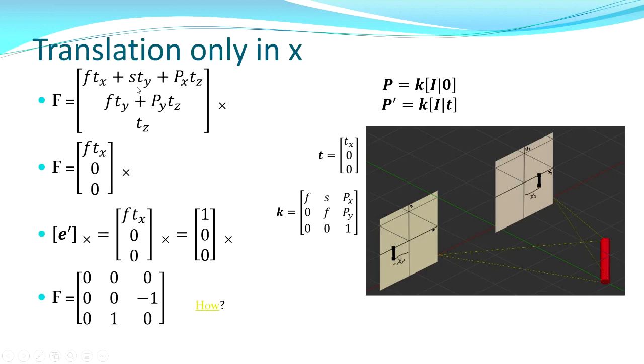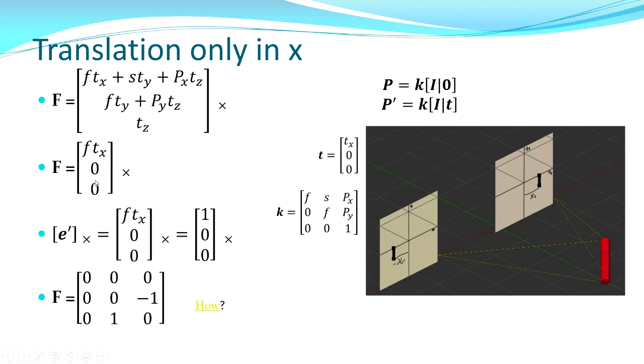Okay, so moving forward, now going into a more special case, just for an intuition to this. So we say translation in X, only translation in X. This is exactly similar to the stereo disparity case that we discussed in our previous video. It is exactly translation only in X direction, no translation in Y, no translation in Z. So in that case, ty and tz will become 0 because there is only translation in x.